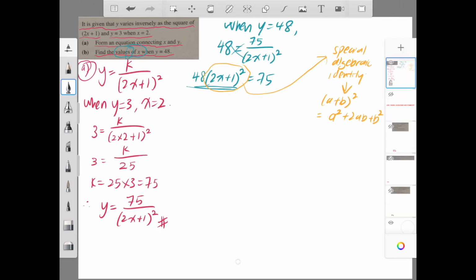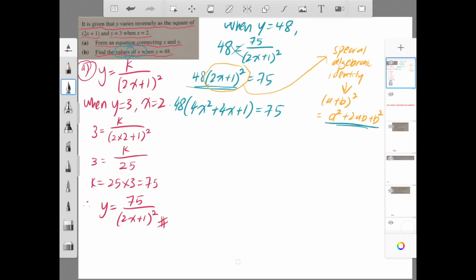So this means that we can actually expand (2x plus 1) bracket square into this form. So this will be 48 times 4x square, that is a square, plus 2ab, so it's 4x, plus b square, 1 square, so it's 1, equals 75.